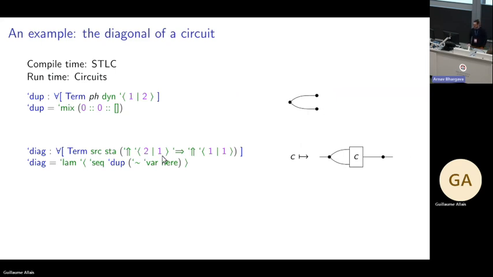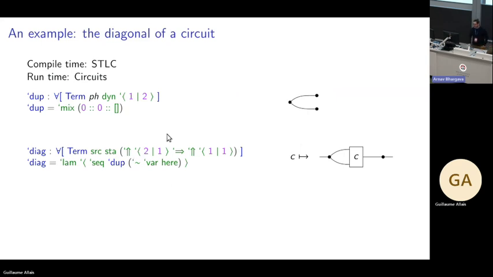On the left-hand side, again there's a lot of noise, but intuitively, we're taking a circuit with two inputs, one output, and turning it into a circuit with one input, one output. The up arrows and so on are explaining that the types are basically navigating between these two levels.